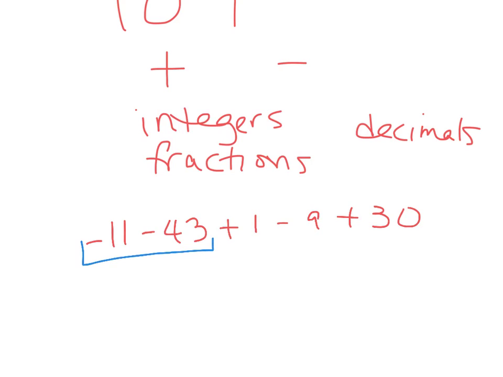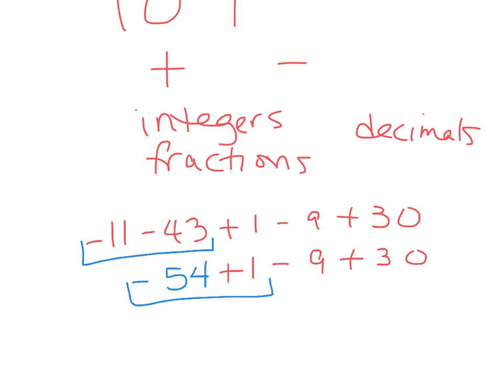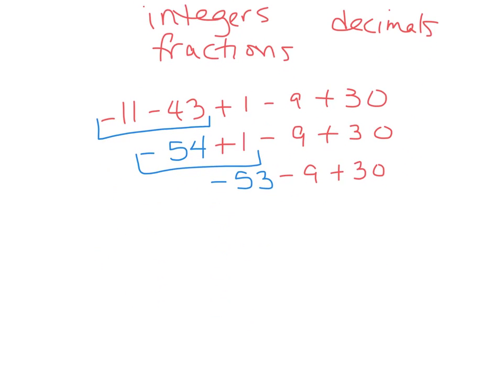So if I do -11 minus 43, I'm going to get -54. And then now I'm going to rewrite the rest of my problem. And now I'm going to take the next 2. And then I get -53. And then I'm going to rewrite, take the next 2.